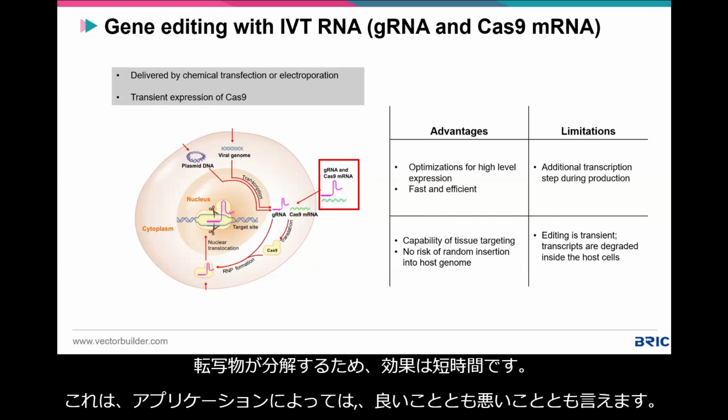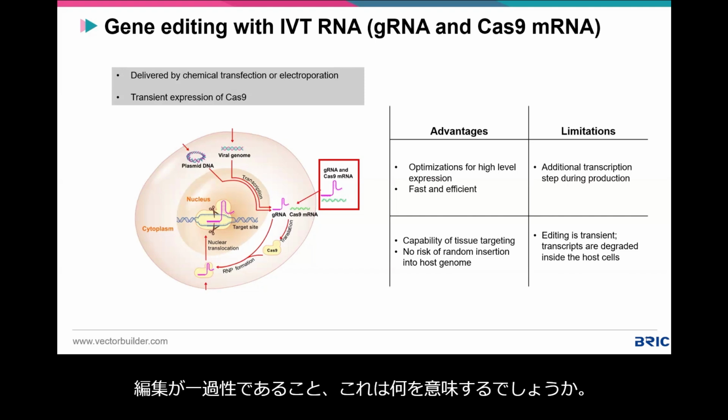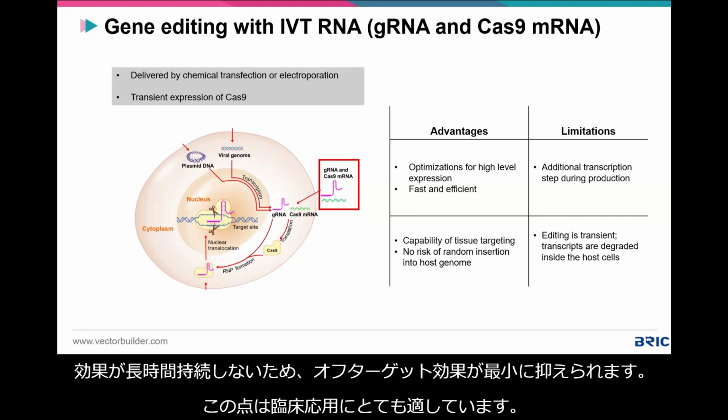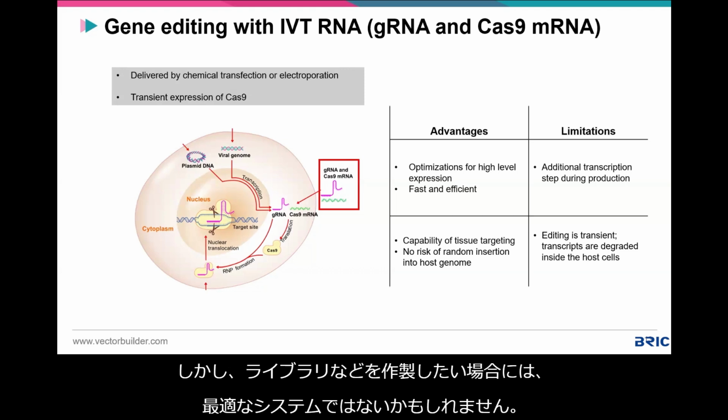Transcripts are degraded, so the effect is short-lived, which can be a good thing or a bad thing depending on what the application is. What this means is that the off-target effects are minimized because it's not long-lasting, and it's great for clinical applications. But if you want to create libraries and stuff like that, this might not be the best system.